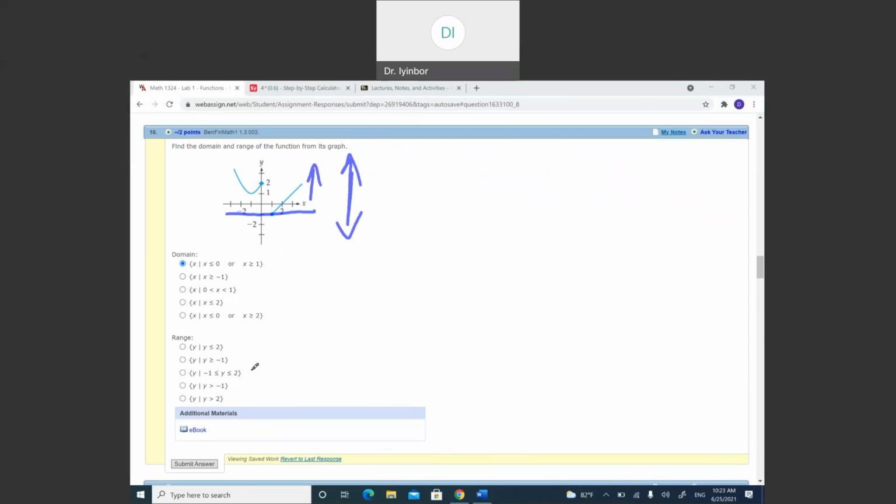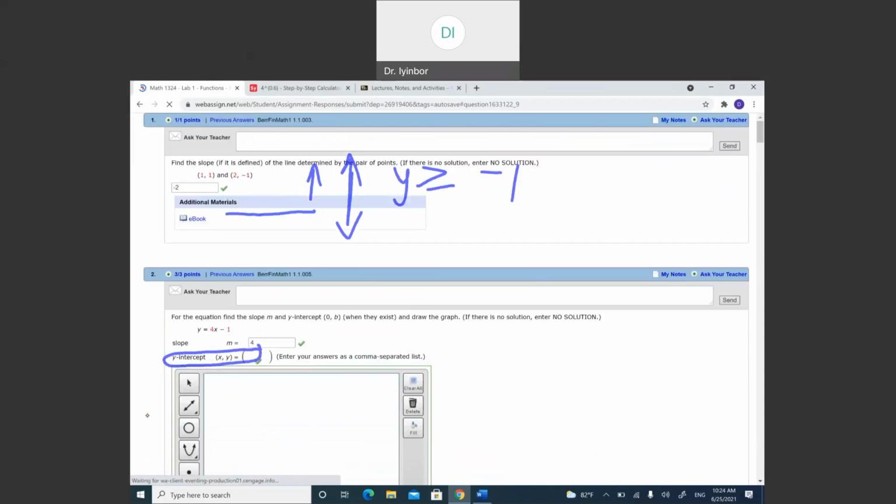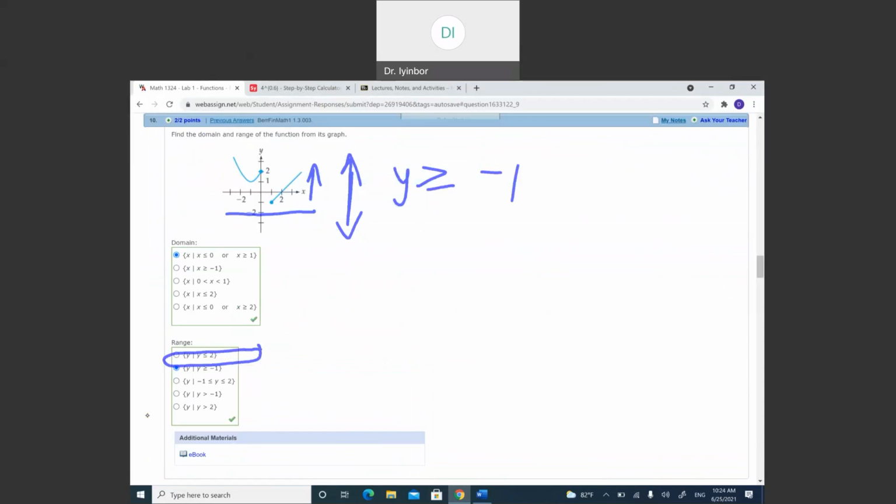So that means y is greater than or equal to -1, it's above -1. So the one which has y greater than or equal to -1 should be this one. And let's check it. Okay? So the domain is x, the range is y, and you're looking up and down for y, left and right for x. You scan it and see where the graph is. So that's how you do the domain and the range.